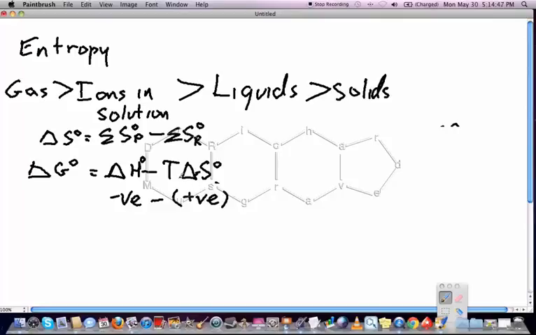And we figured out delta H is negative, delta S is positive, and if you look at that, you'll see that that value will always be negative, regardless of the temperature. So delta G naught, always negative, reaction always spontaneous.